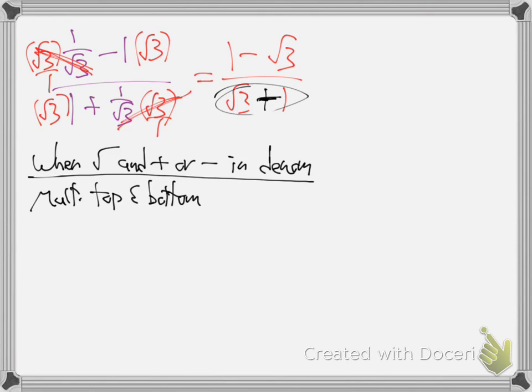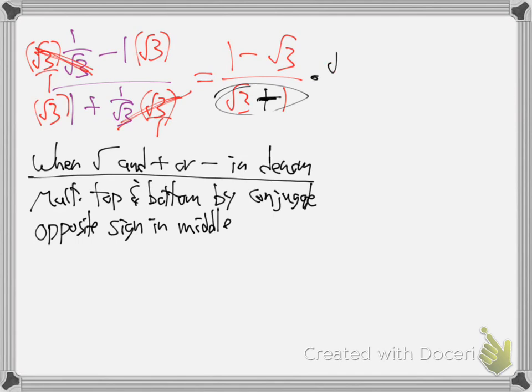That'd be nice if there was. But by the whole expression, almost. And nobody remembers? Not even one? You've all had algebra? Nobody remembers? By the conjugate, which is the opposite sign in the middle. So you multiply by root 3 minus 1 over root 3 minus 1. You use the whole thing, but with the opposite sign in the middle.